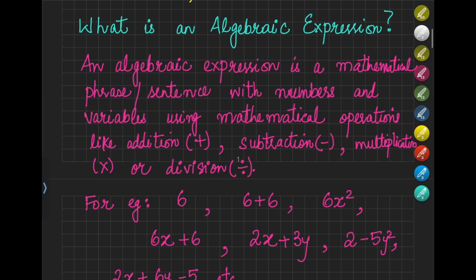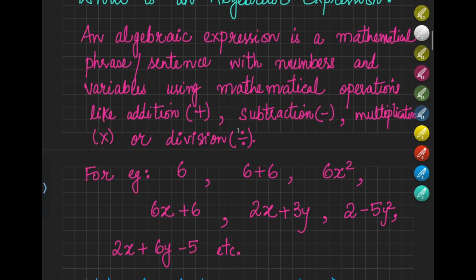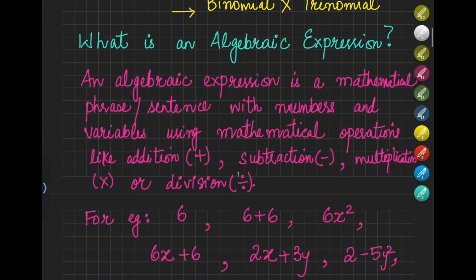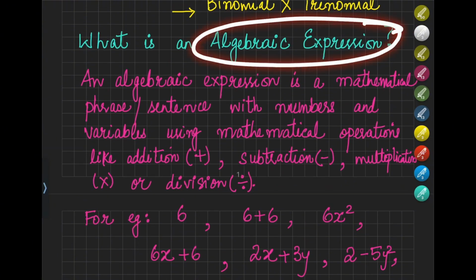So when we write any condition in the form of a statement which has numbers and variables, formed by using the addition sign, the subtraction sign, the multiplication sign and the division sign, then such a statement is called an algebraic expression.